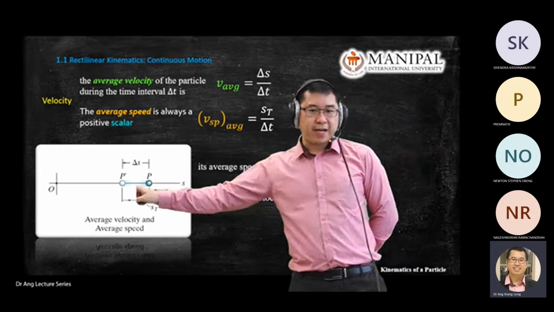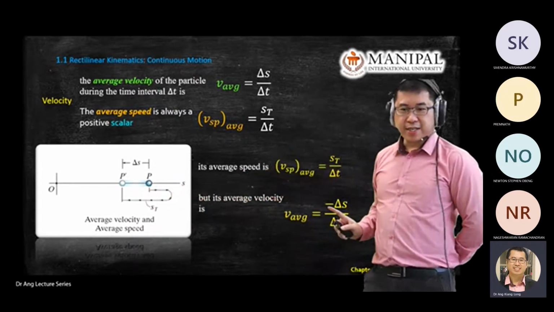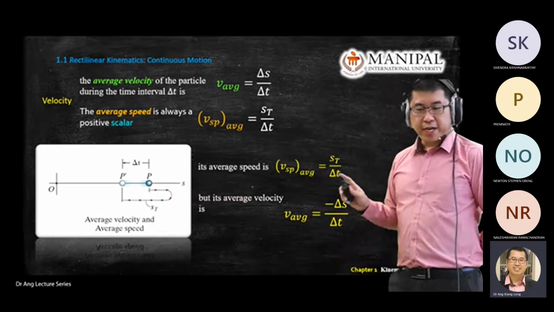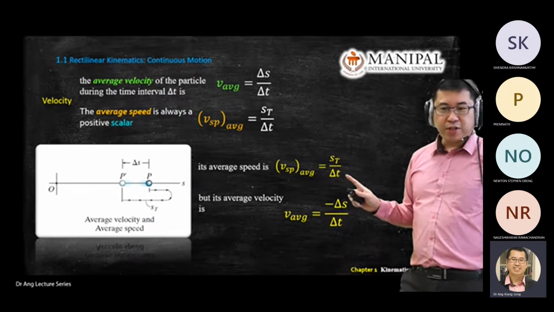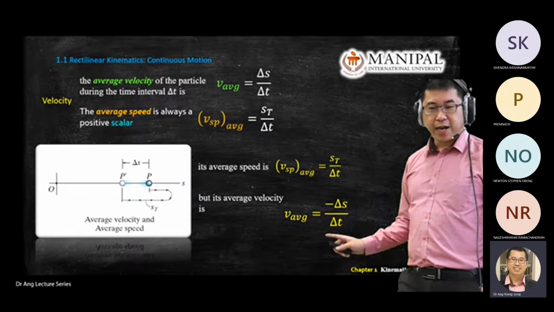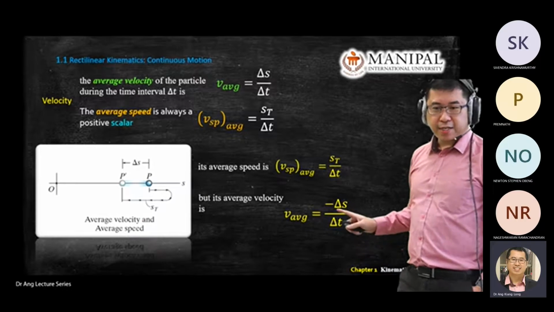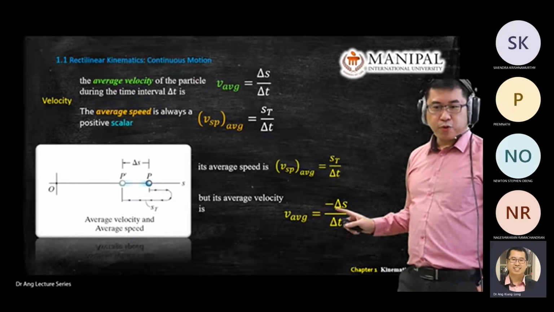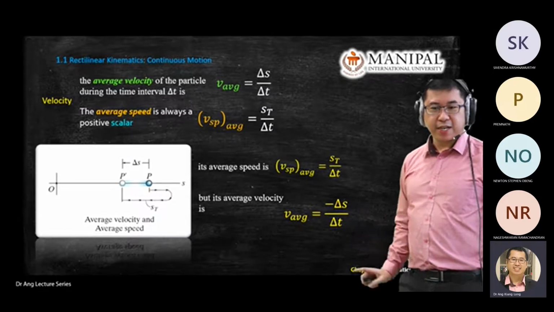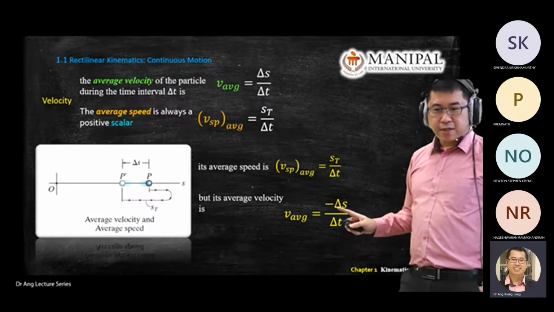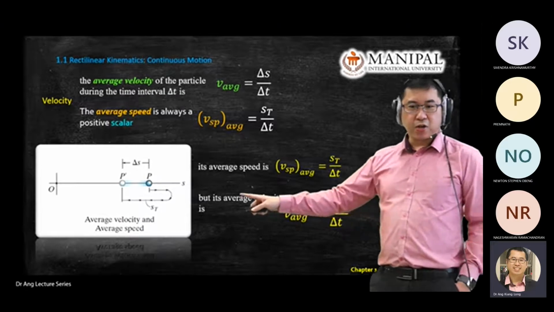So it moves back, and your delta s has a negative sign. So there are two differences. One is the value or magnitude that you calculate. Another one is that direction is another factor that you need to consider. There's a negative sign according to this diagram.